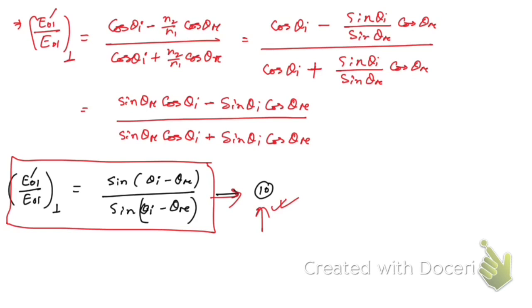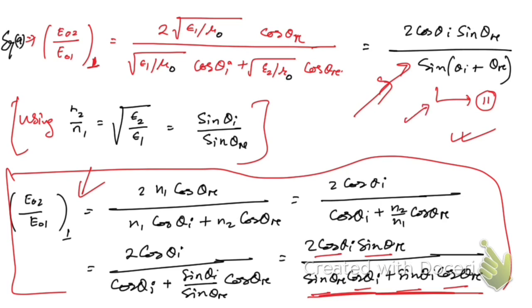Here this is the amplitude of the electric field vector of the reflected wave, and this is the incident, right? And for refraction, if you are asked to derive the Fresnel's equation for refraction, then you need to derive this equation number 11.